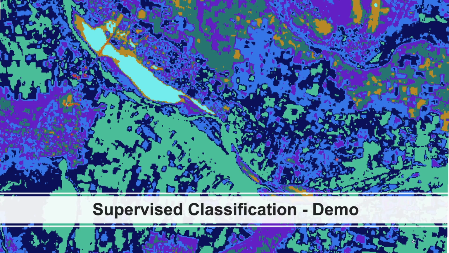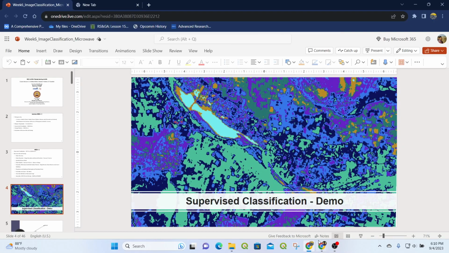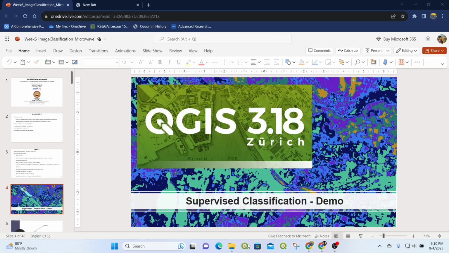And similarly, after classification, we will have some points or polygons as testing data, and we will test how accurate our classification is. So let us see how to do it in QGIS.